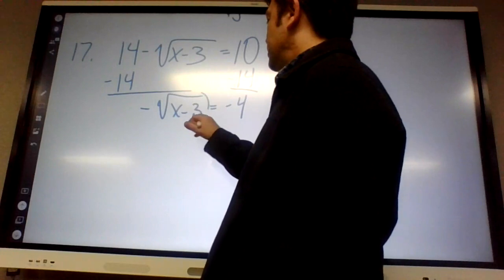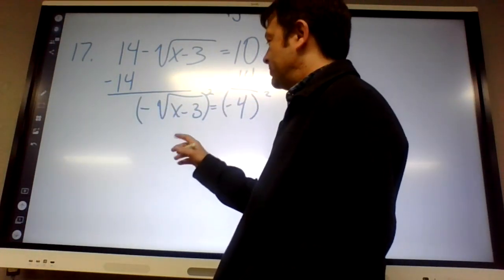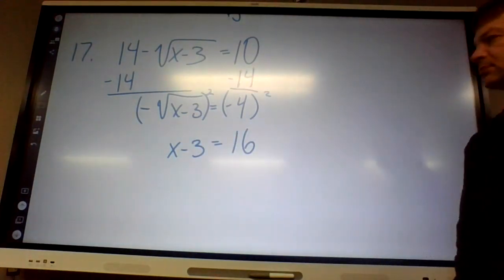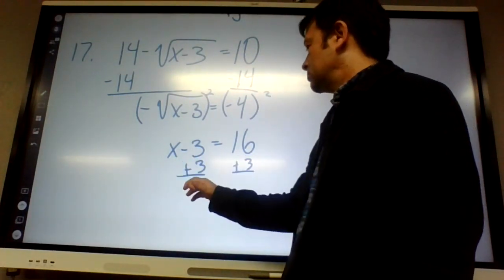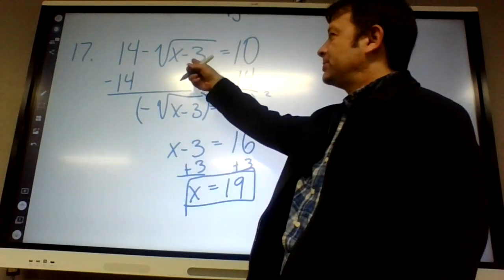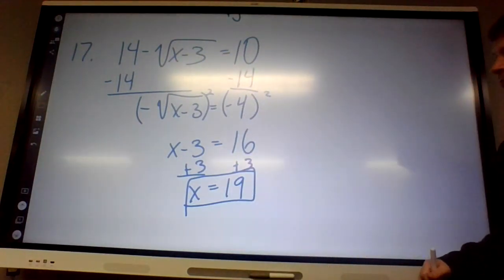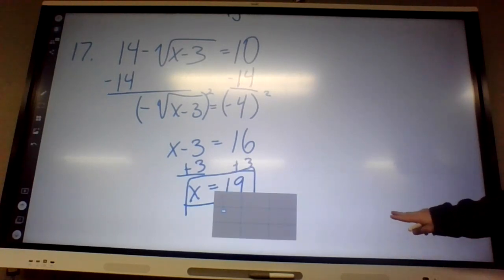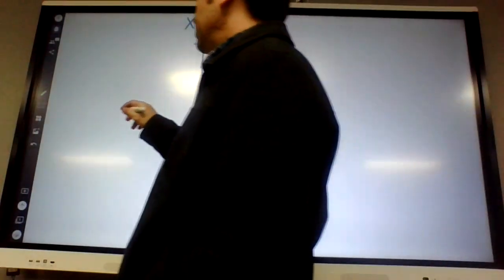So when we square both sides, they're both going to go from negative to positive, because negative times negative is positive. So you get x minus 3 equals 16. And then plus 3. 19 minus 3 is 16, square root of 16 is 4, 14 minus 4 is 10.